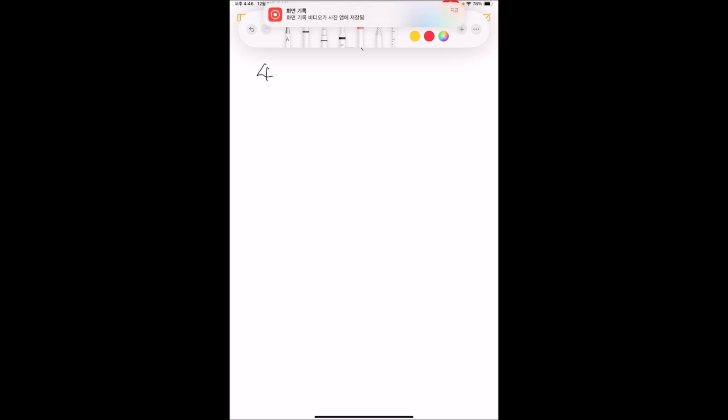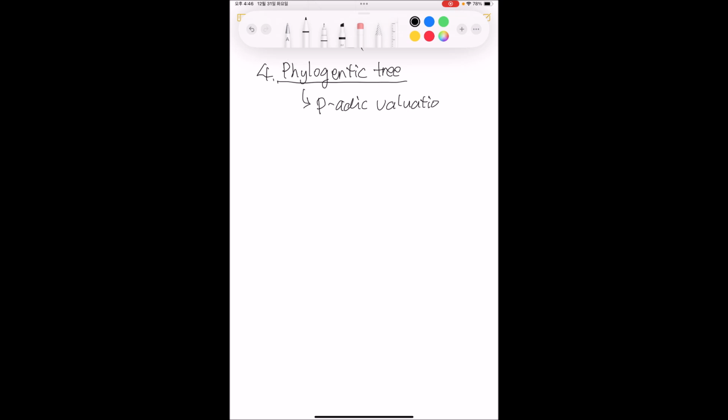Next, I will deal with the phylogenetic tree, which describes the evolution of species over time, age. In this part, I will concentrate on the p-adic valuation. That is important.